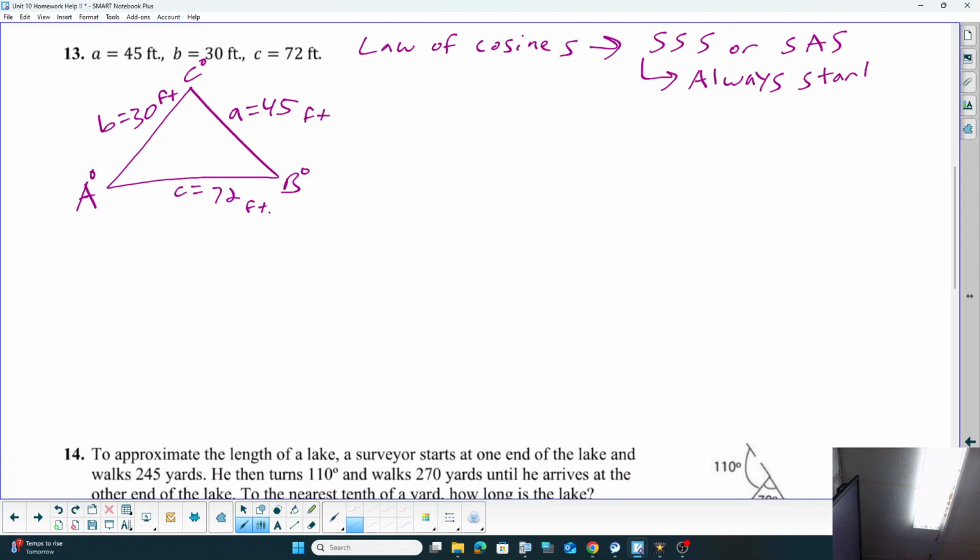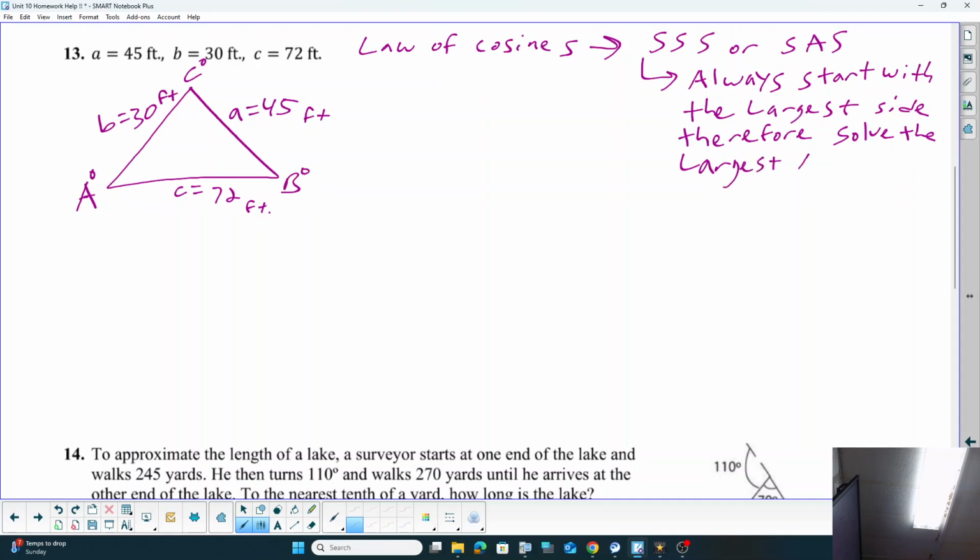So you have to start with, when you have side, side, side, you need to always start with the largest side. Therefore, solve the largest angle first.